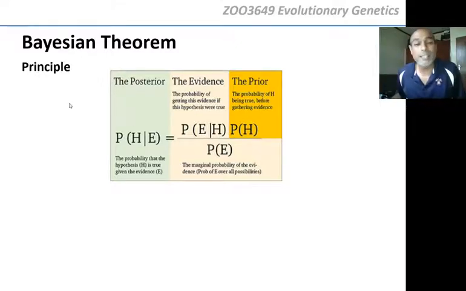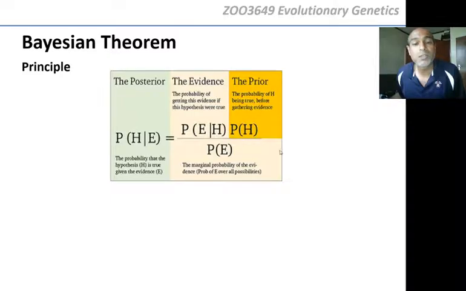So basically, this P(E|H) is the likelihood. That's the prior. And that's the total evidence, divided by the total evidence. So you see how you must multiply the likelihood with the prior to get the posterior.